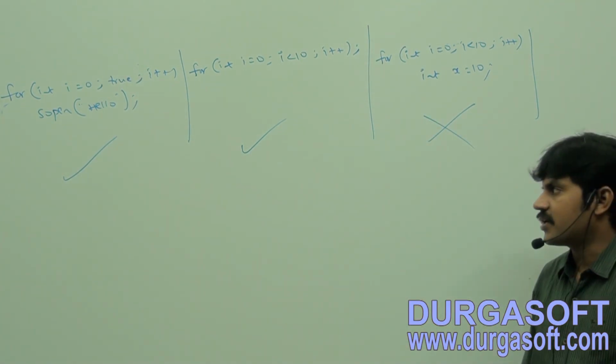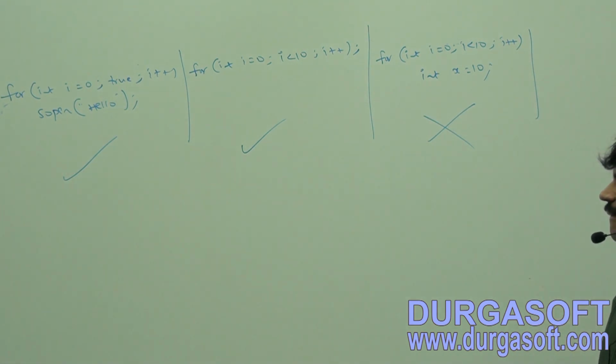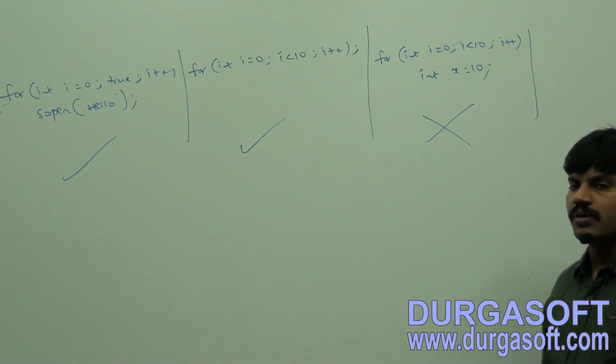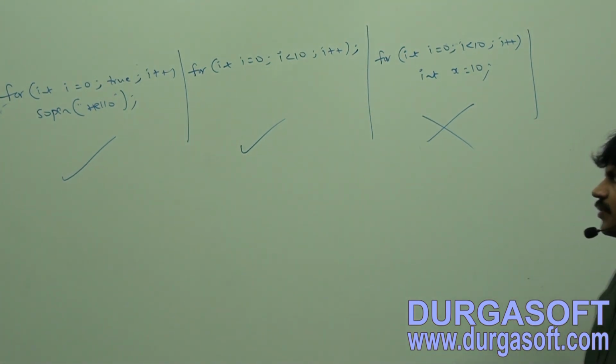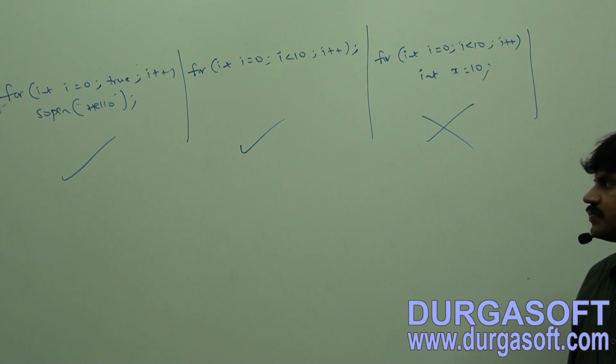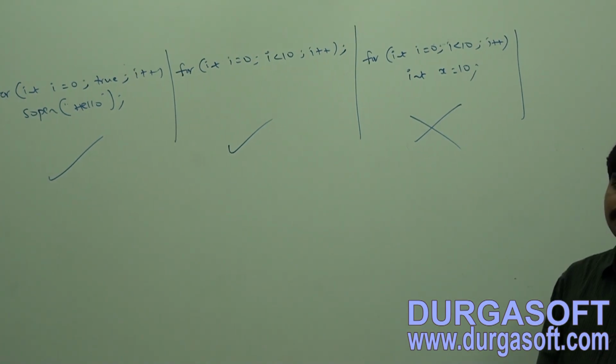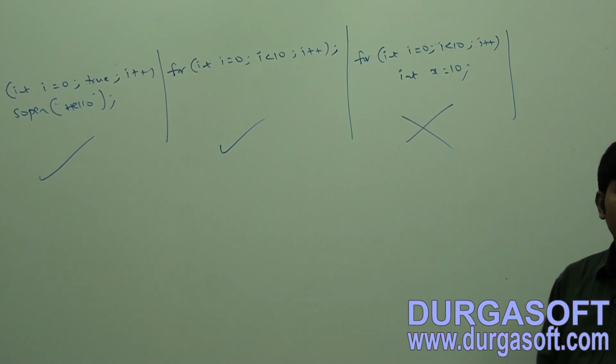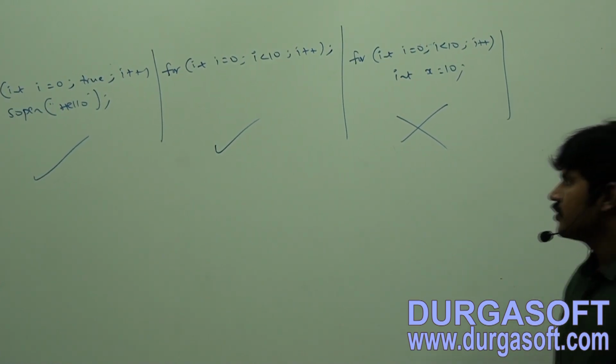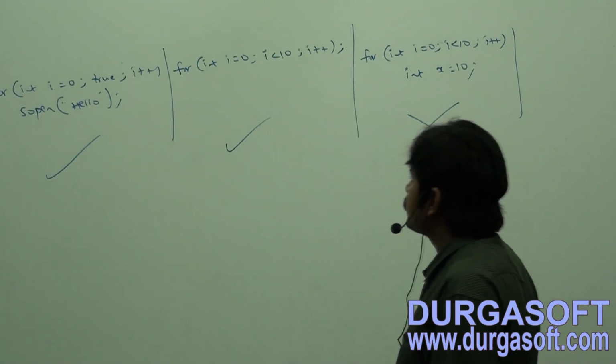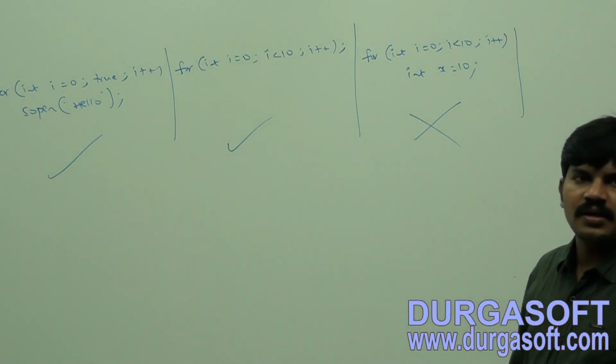Take these examples anyway. For int i = 0; true; i++, SOP of hello. Next, for int i = 0, i < 10, i++.